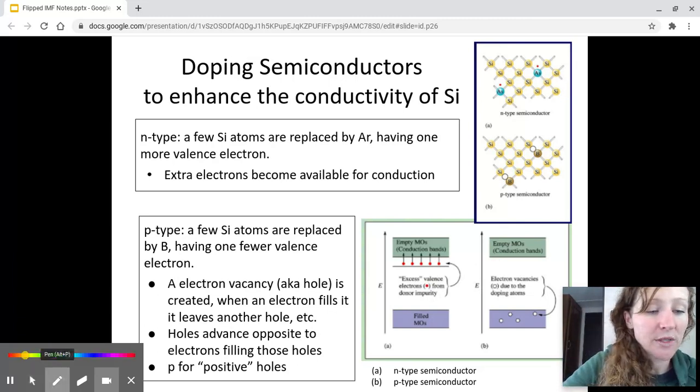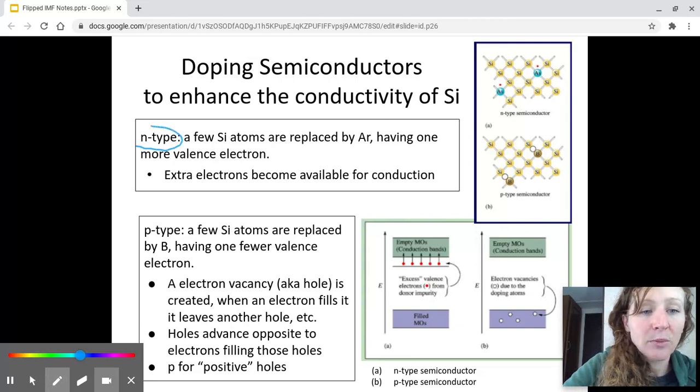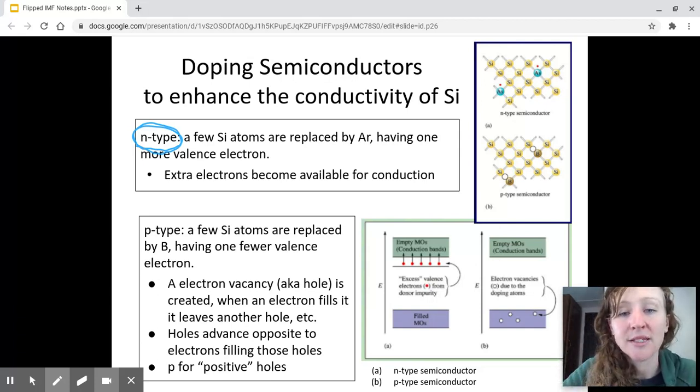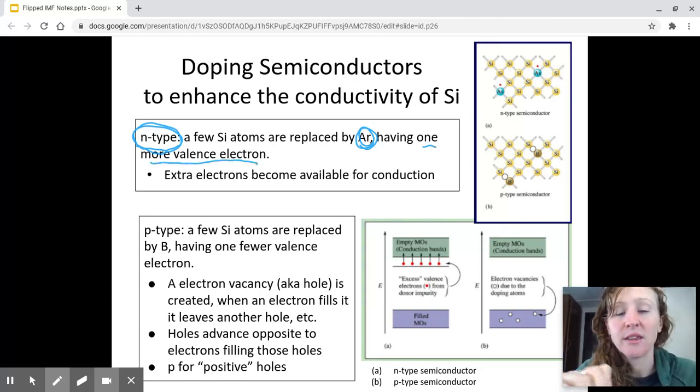So let me give you two examples of that. First of all, an N-type semiconductor is going to dope silicon, or replace silicon, with something like argon. And argon has one more valence electron than silicon.